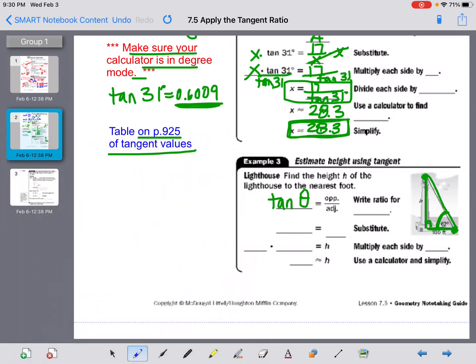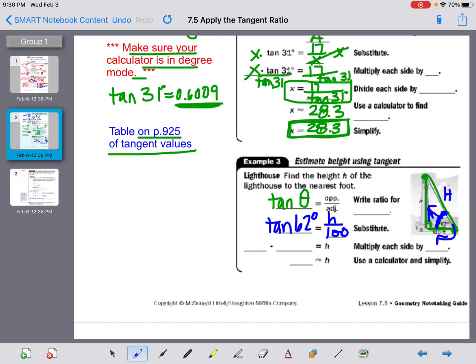So my angle that I know is 62. So I'm going to write down tangent of 62. And now everything goes from the 62. So from the 62, I go opposite and I see my H. I go adjacent and I see 100. And remember, this one is my hypotenuse and I don't use that.